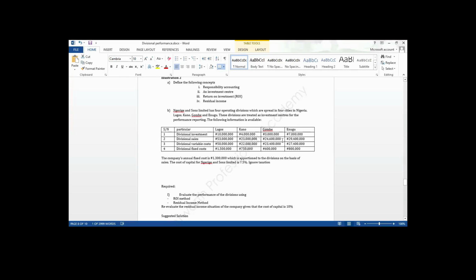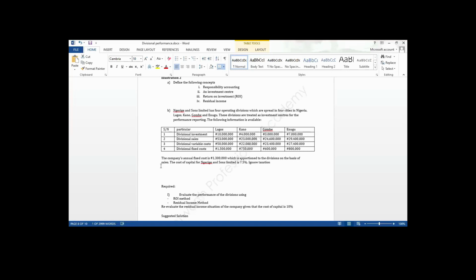Divisional investments, sales, variable cost, divisional variable cost, divisional fixed cost. The company's annual fixed cost of 1.3 is apportioned to the divisions on the basis of sales. In addition to divisional fixed cost, we also have company's fixed cost.